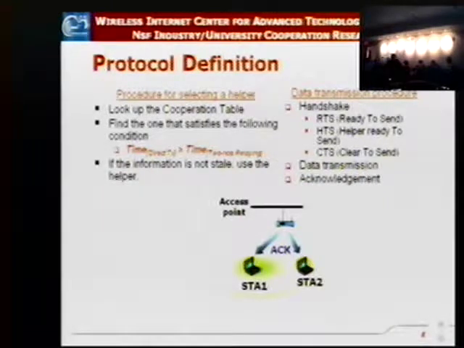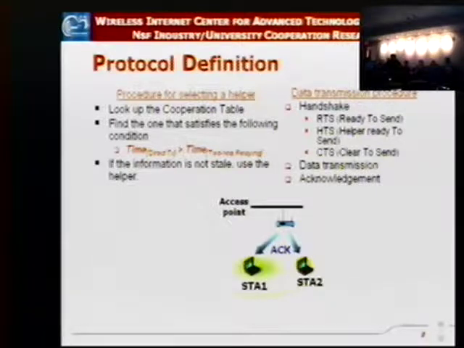The transmitter will retransmit. The helper cannot retransmit. The helper does not participate in the decision. The helper just gets the packet and retransmits it. Okay, it just helps with the retransmission. He does not care otherwise whether the packet is at the destination or not. This is controlled by the transmitter.